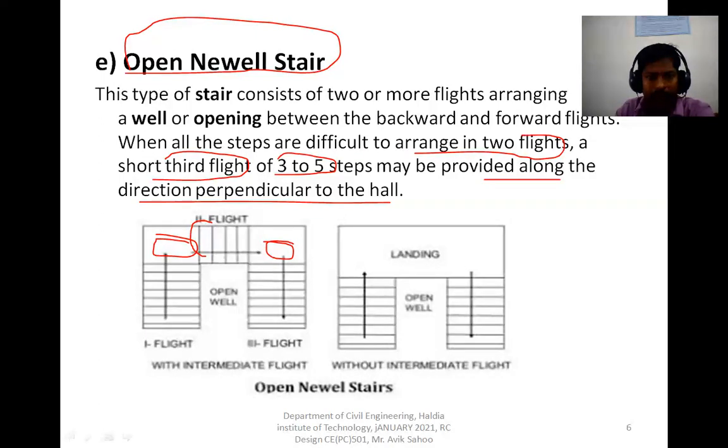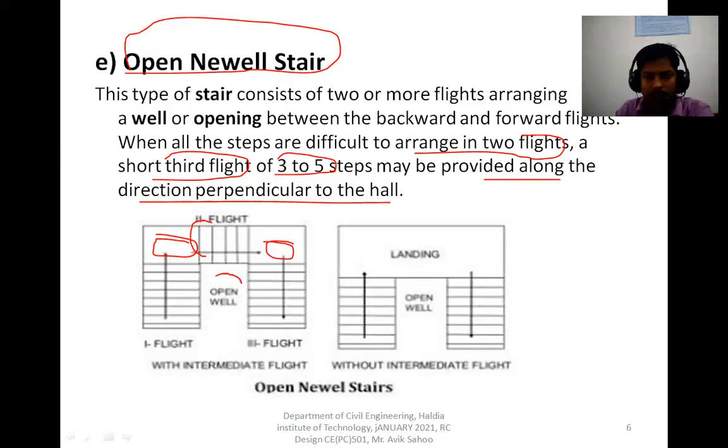And generally in this open well, the opening space in the middle portion, the lift is introduced, because you use stair and lift simultaneously.